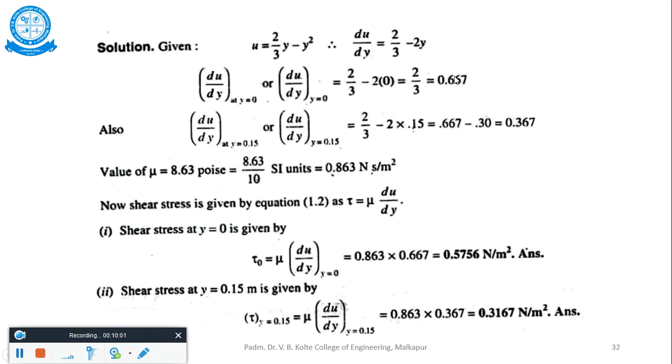First one, y equal to 0, gives 0.667, and second, y equal to 0.15, gives 0.367. Then the value of mu is given, mu equal to 8.63 poise. We have to convert this unit into SI unit, Newton second per meter square, so we simply divide it by 10. So 8.63 divided by 10 is equal to 0.863 Newton second per meter square.